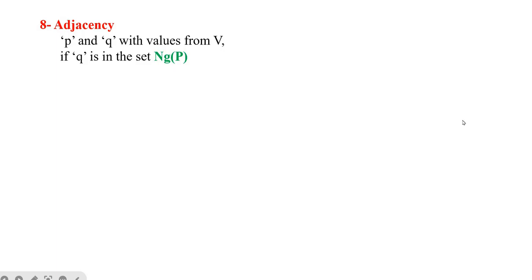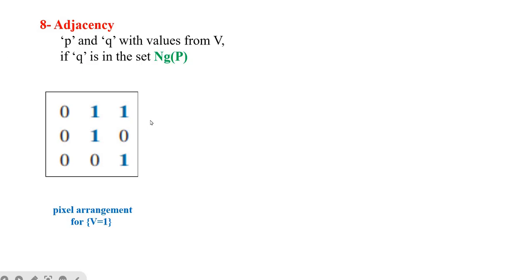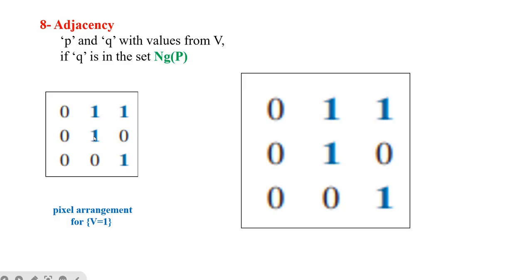Next, we'll see 8 adjacency. 2 pixels P and Q with values from V are said to be 8 adjacent if Q is in the set N8 of P. Here we'll take the pixel arrangement for the image with set V equal to 1, and see how we can connect using the 8 adjacency.